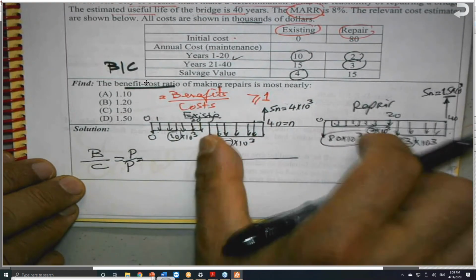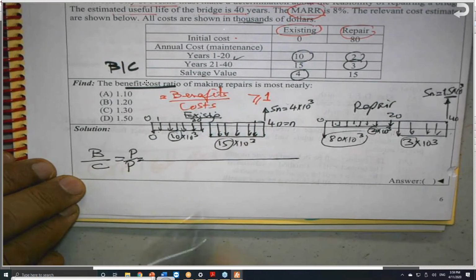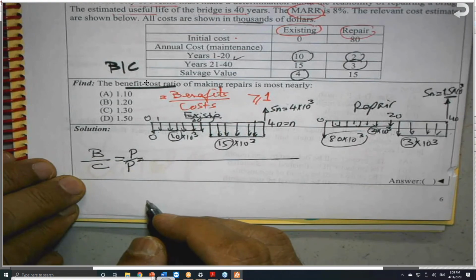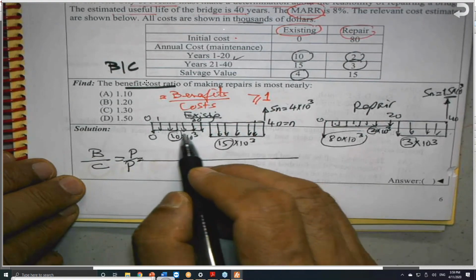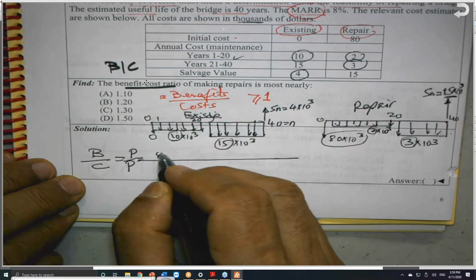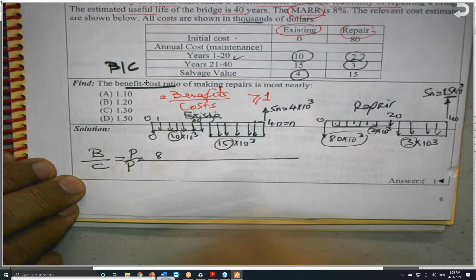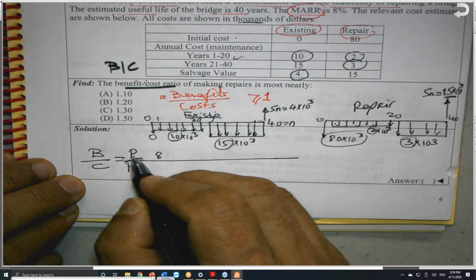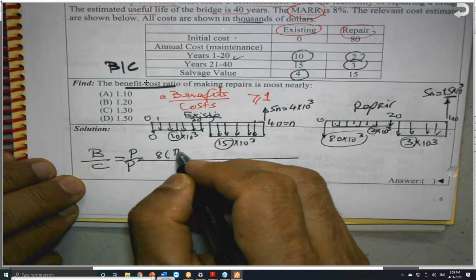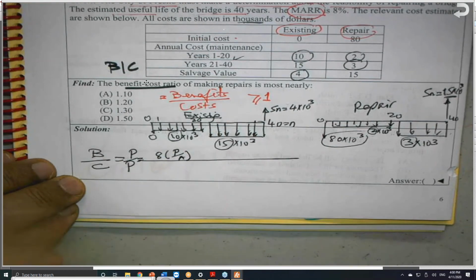There are more than one way to solve this problem, but I'm going to show you one way. So I have 8,000, which is the difference between 10 and 2, 8, and this is an A. I need to get it as a P. So I will say that it is P over A.